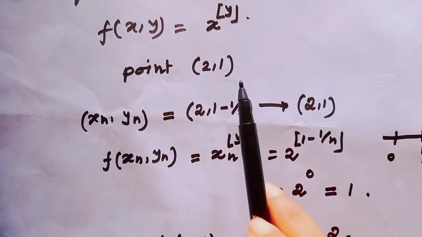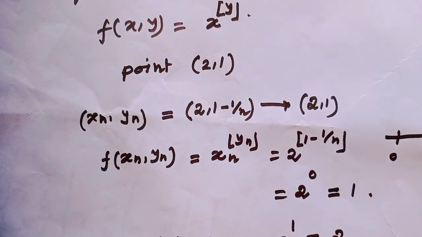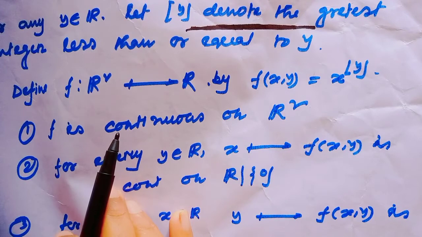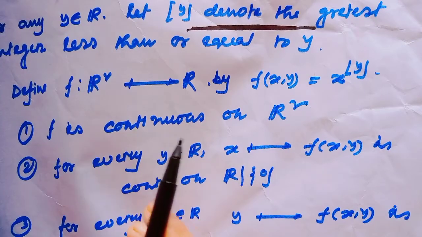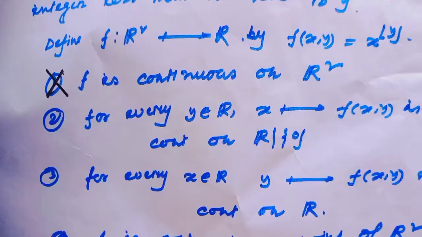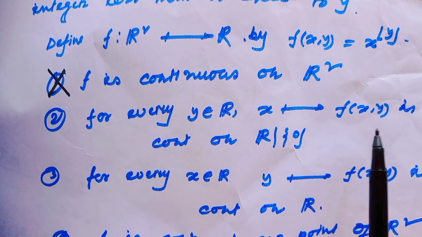So this function is not continuous at the point (2, 1). So our first option is a wrong option, because it says f is continuous on R2. Okay, and the second option says for every y belongs to R, x maps to f(x, y).